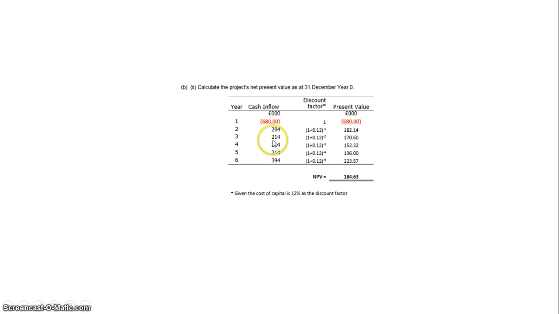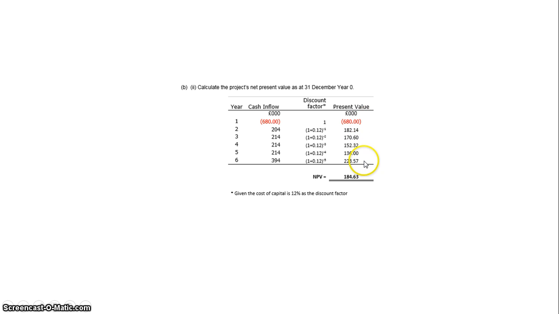So for year 3, you divide 214 by 1.12 to the power of 2, which will give you 170.60. Then you divide 214 by 1.12 to the power of 3, which will give you 152.32. 214 divided by 1.12 to the power of 4 will give you 136. 394 divided by 1.12 to the power of 5 will give you 223.57.